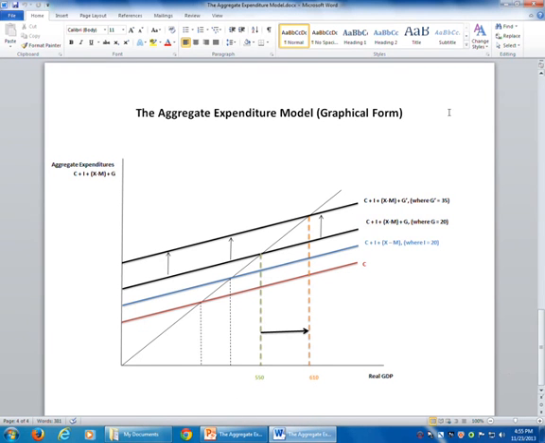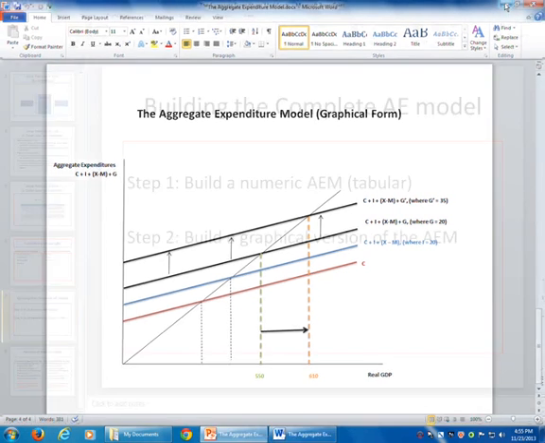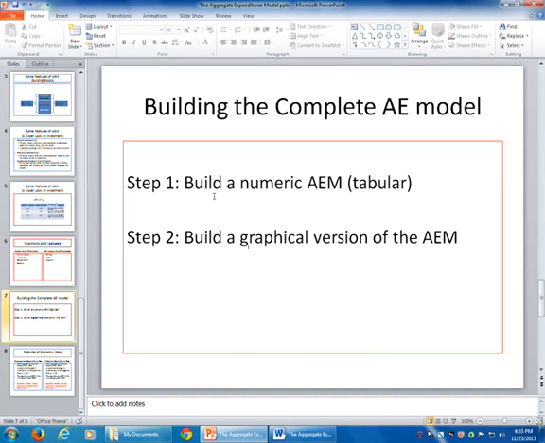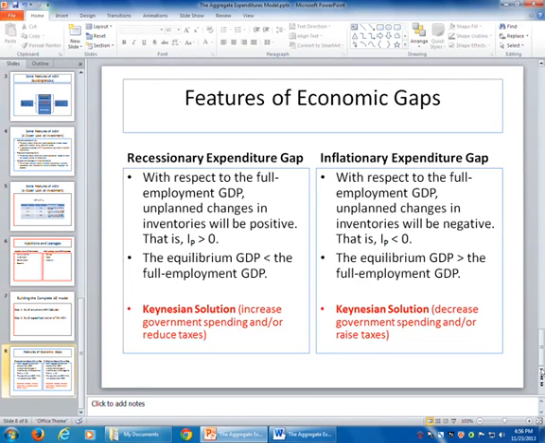Okay? All right, so having said that, we look now at the numerical version of the aggregate expenditure model, and we looked at some graphical results to kind of corroborate the activity in the model. The next thing we need to look at are what are called gaps, economic gaps.